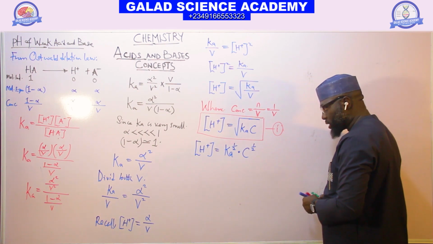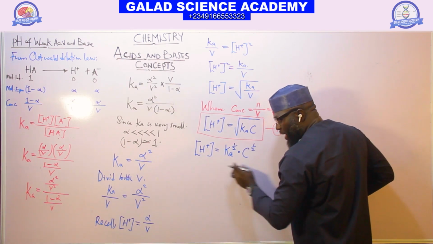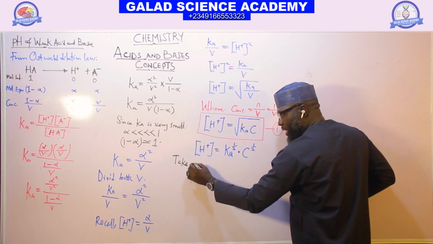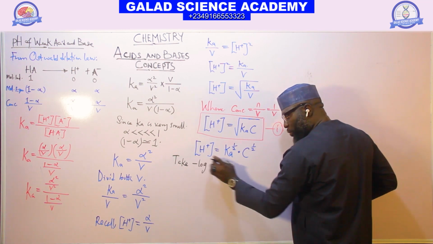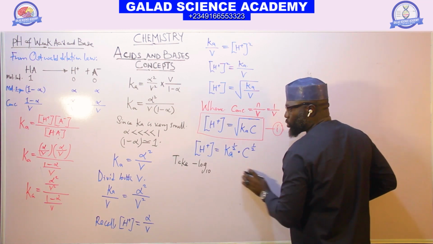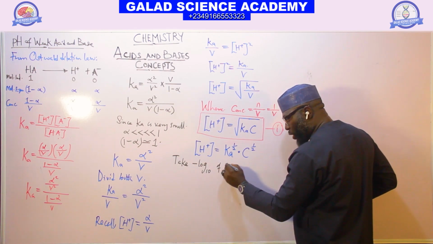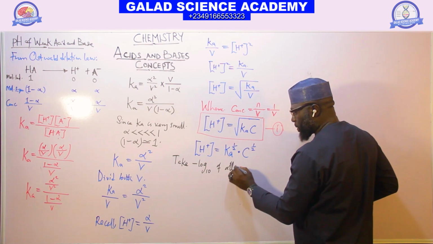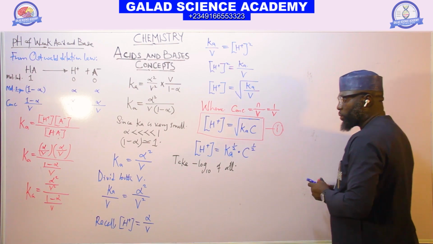Let's take the negative logarithm of everything. Take negative logarithm of all this to base 10. By taking negative logarithm of all, what do we have now?